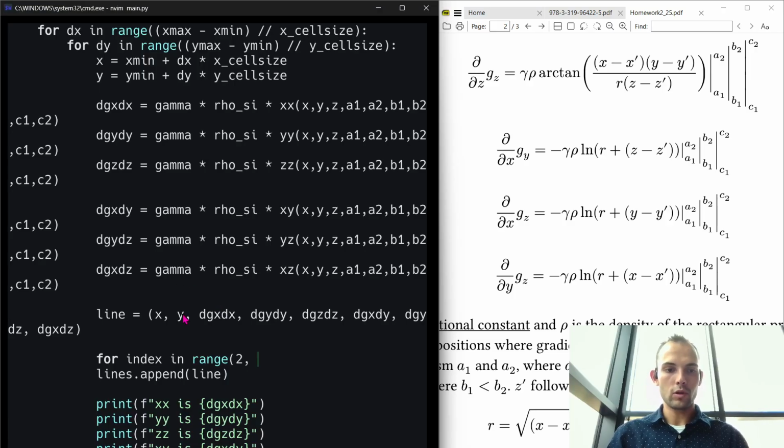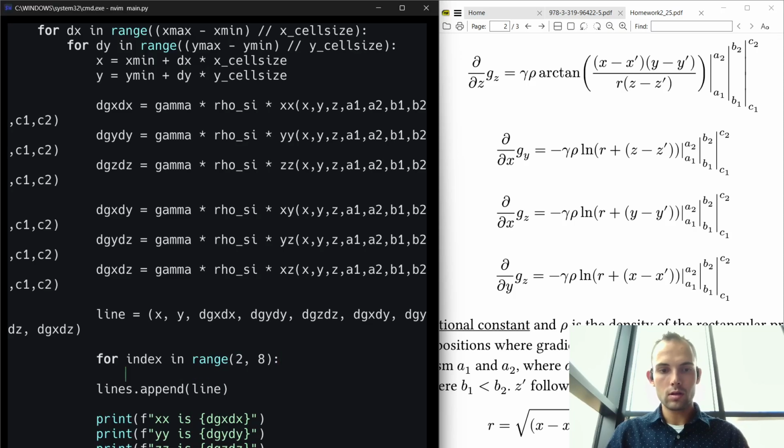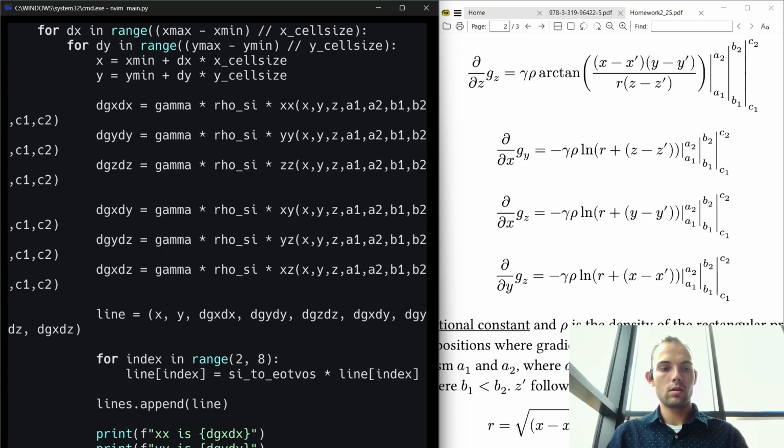We're going to go from index 0, 1, 2, 3, 4, 5, 6, 7. I don't even know how to subscript anything anymore. Does this crash? Yep, it's immutable.